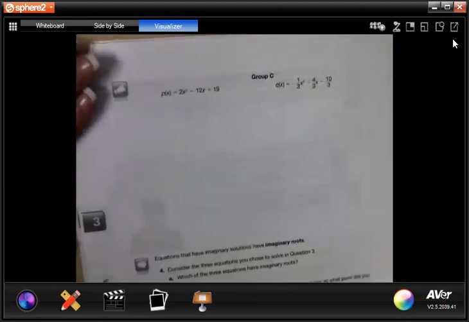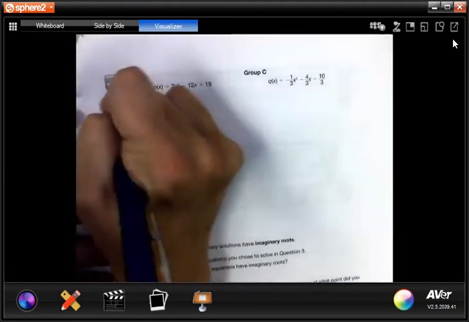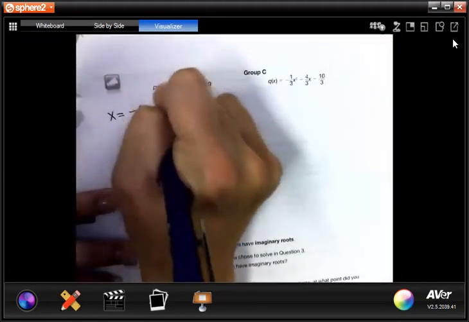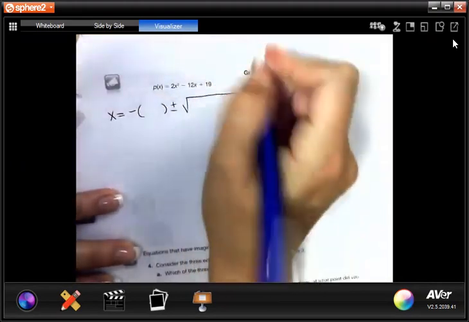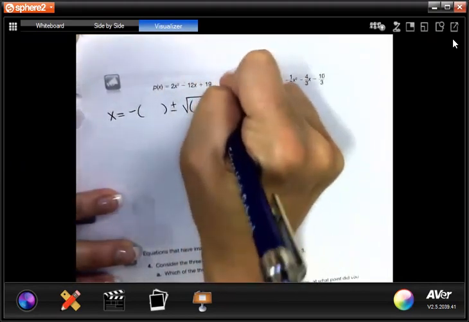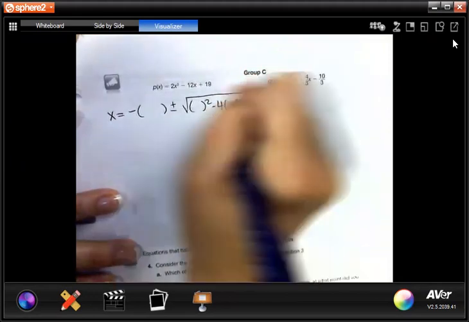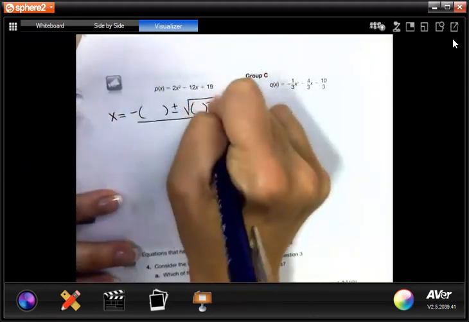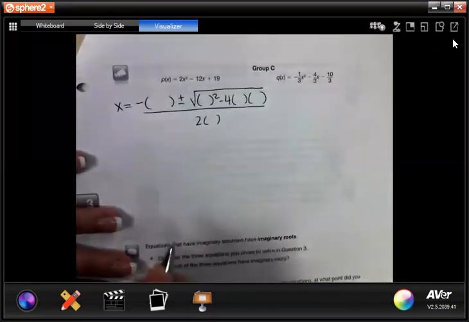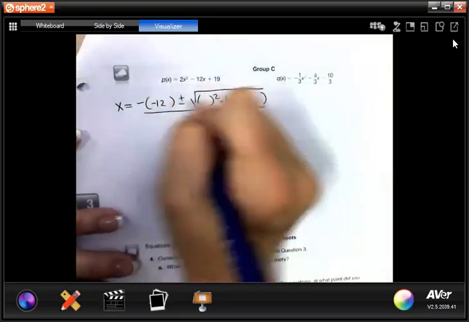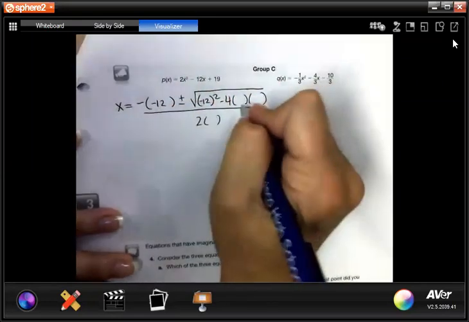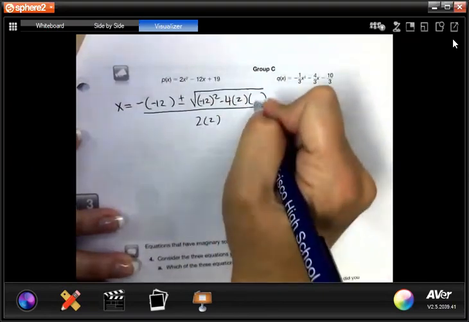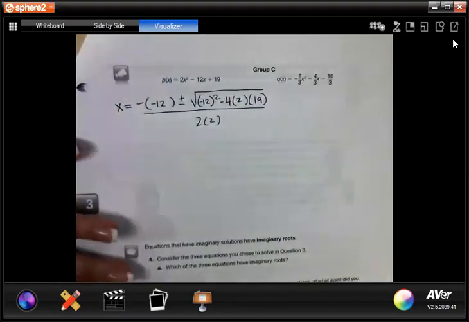All right, now we're going to look at our C ones. And so I get x equals -b plus or minus the square root b squared minus 4ac all over 2a. I start to plug in my values. -12 is my b, 2 is my a, and 19 is my constant.